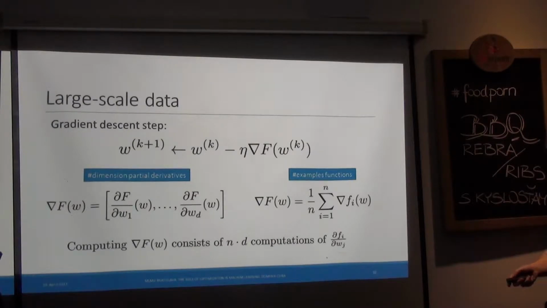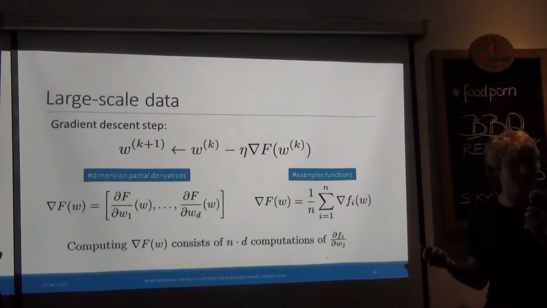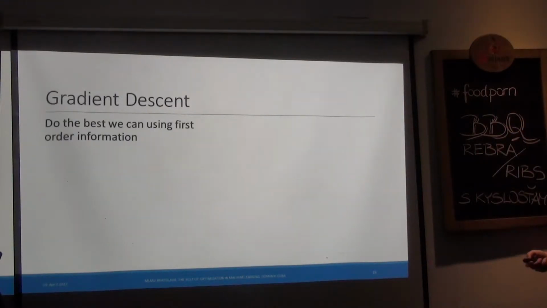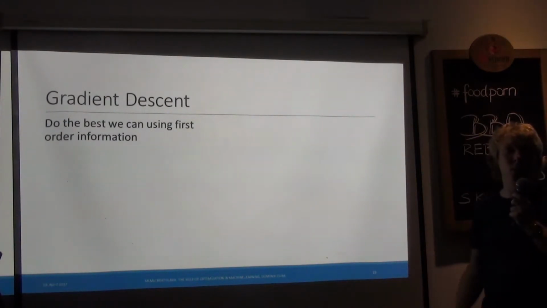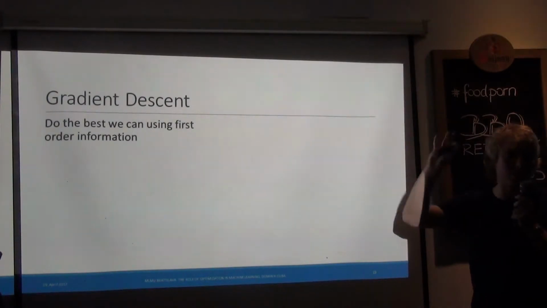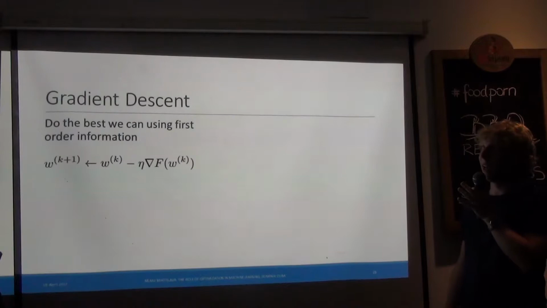Okay, and this was too mathy, so let me illustrate those ideas on some pictures. Gradient descent, as I said, is actually the best we can do using just first-order information, in some sense. Let's not talk about acceleration, those of you who are raising your hands already.